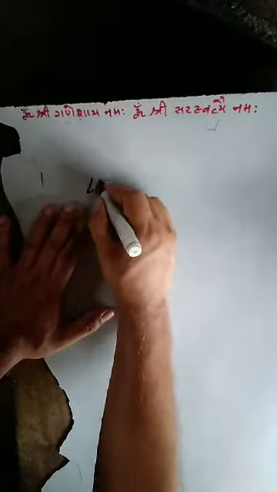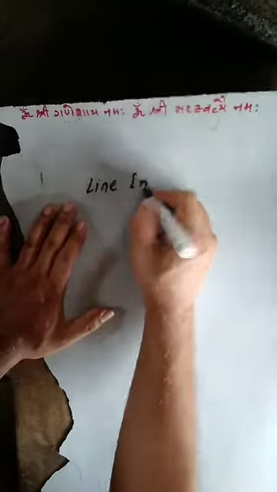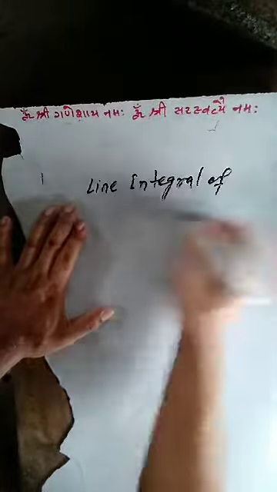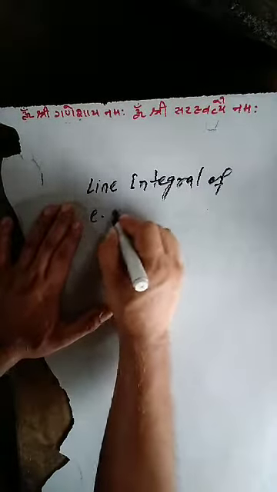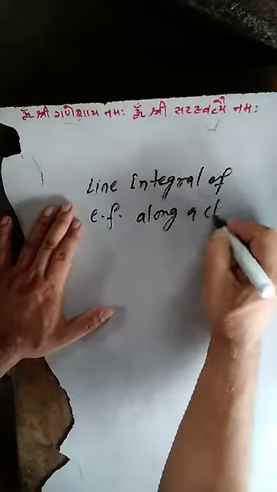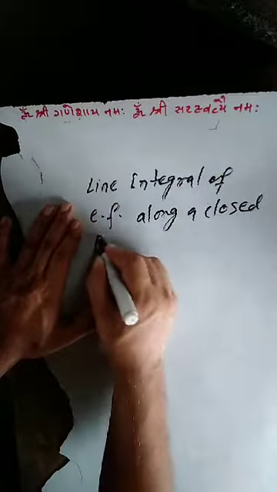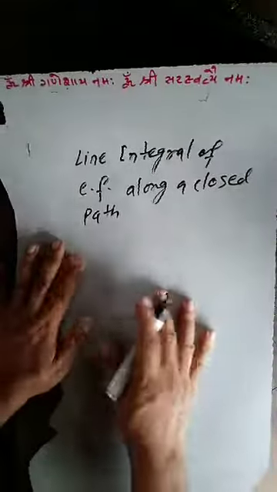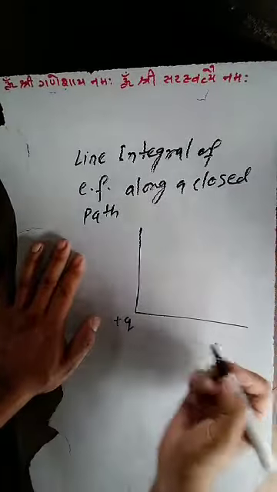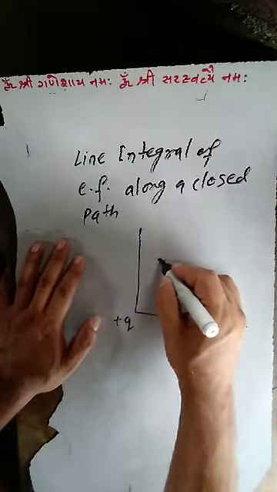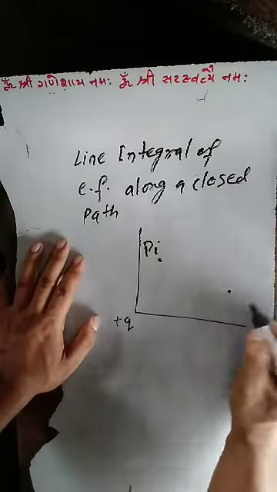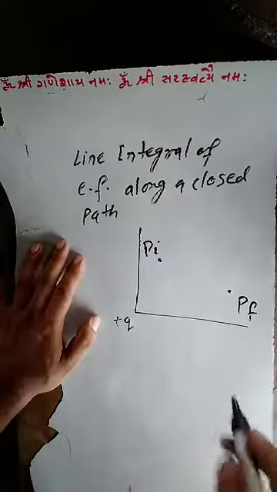This is your line integral of electric field along a closed path. This is your charge plus Q. This is your initial position Pi, and this is your final position Pf.